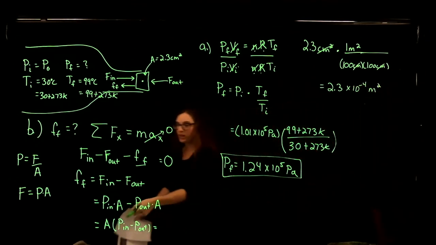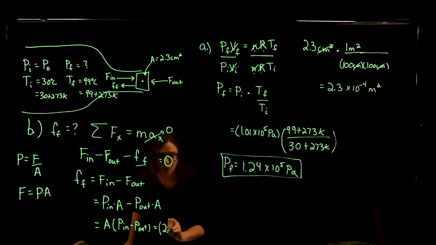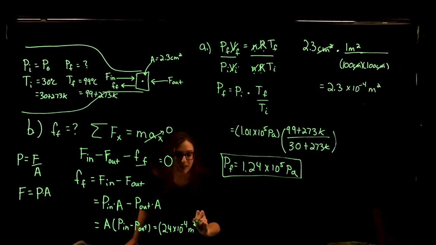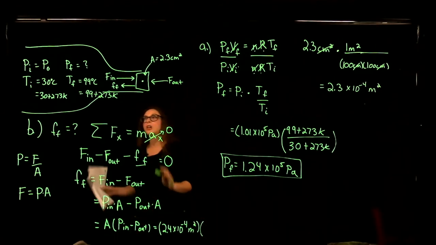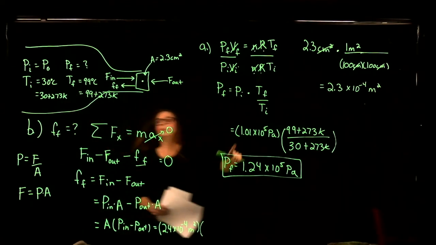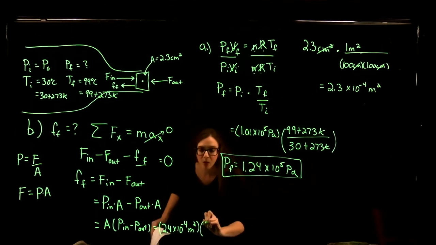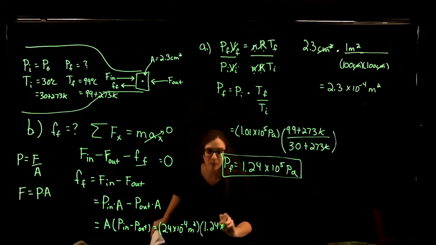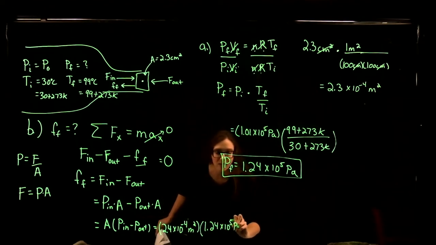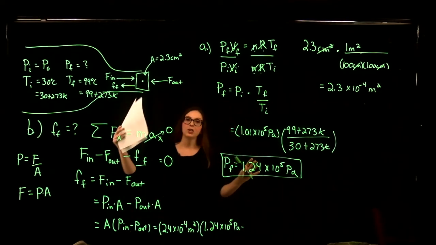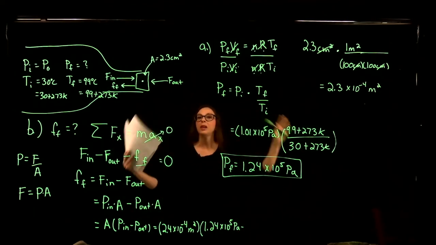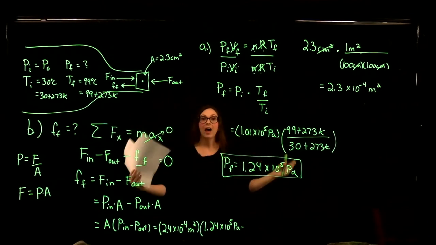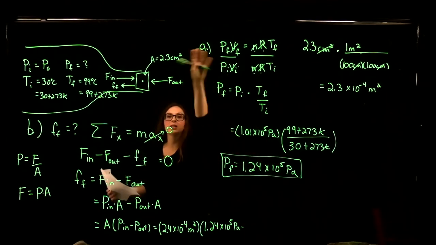All right, so over here, my area will be 2.3 times 10 to the minus 4 meters squared times the pressure inside the bottle, which we just found right here, 1.24 times 10 to the 5 pascals, minus the external pressure. We're going to assume the external pressure is at atmospheric pressure, the pressure out here outside the bottle.